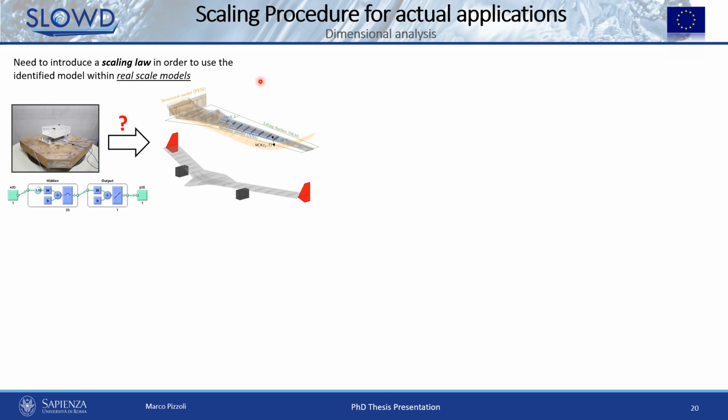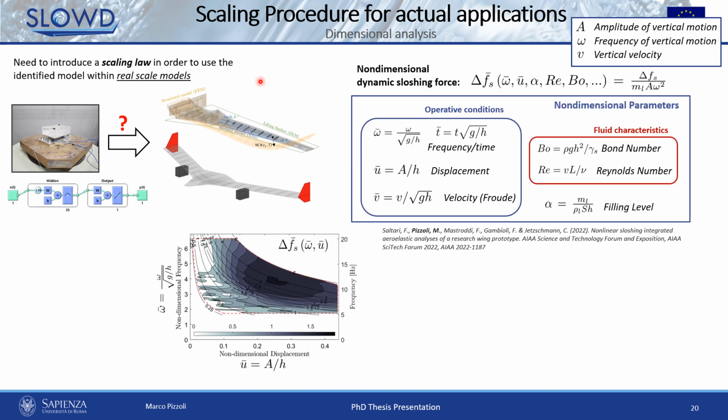And to this end, a dimensional analysis was conducted to highlight the most important non-dimensional groups on which the non-dimensional dissipated energy, or equivalently the dynamic sloshing force shown here in the figure, depends.